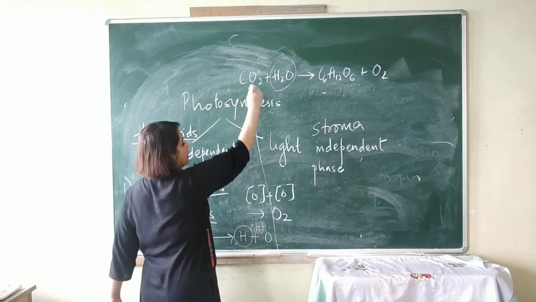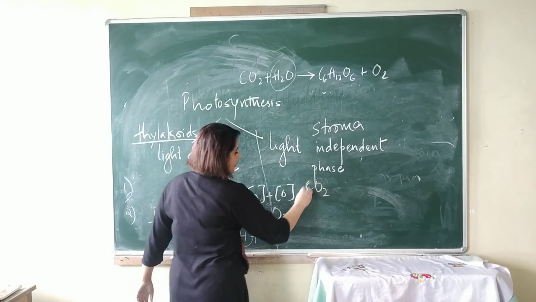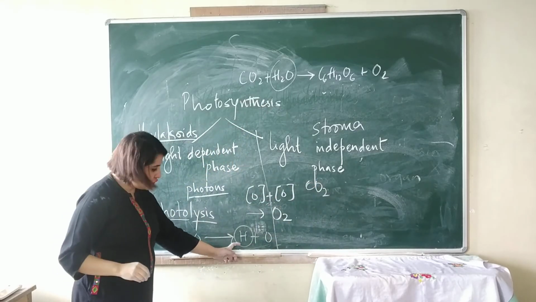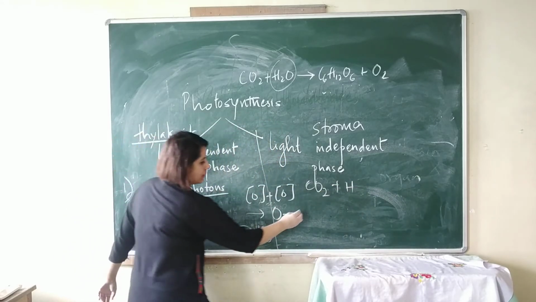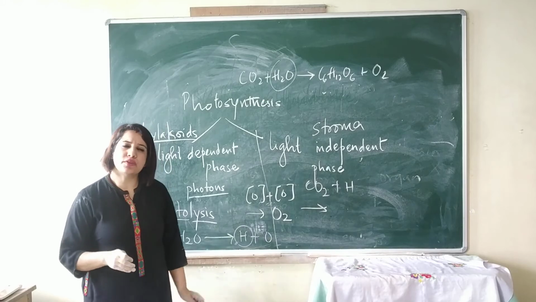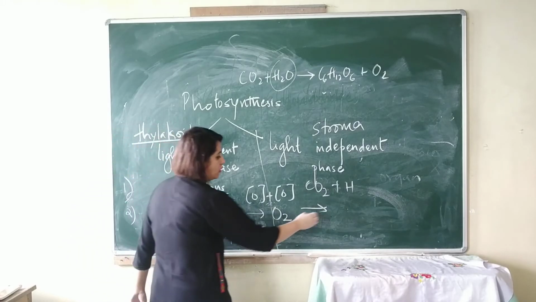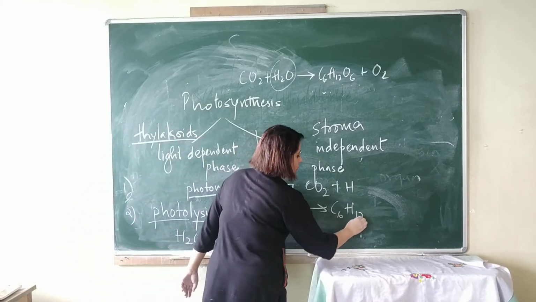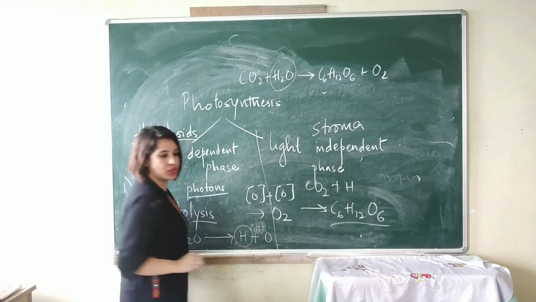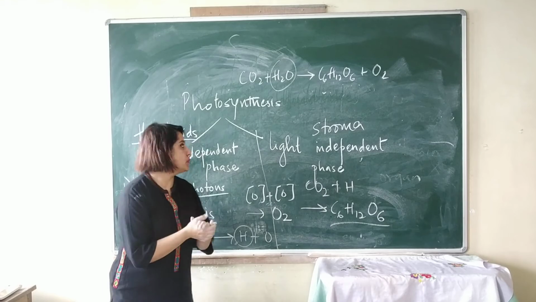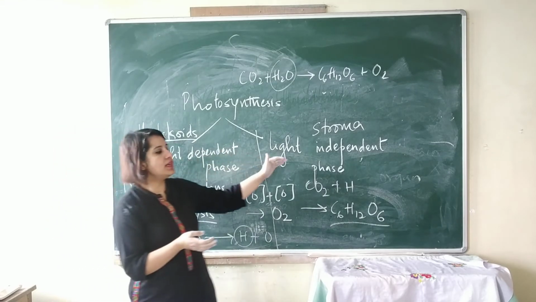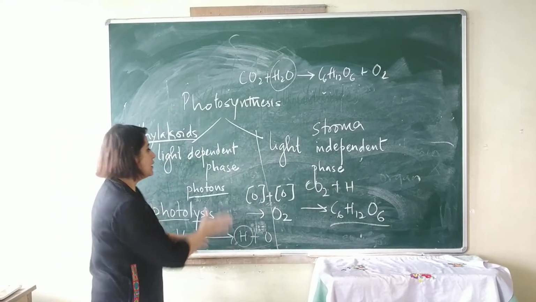Here, the carbon dioxide and the hydrogen that we have got will combine. It is quite a complicated process which we don't have to discuss right now, to give you glucose.